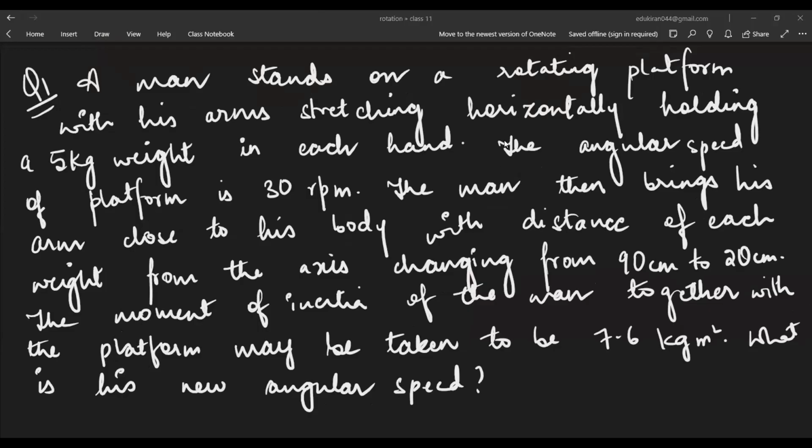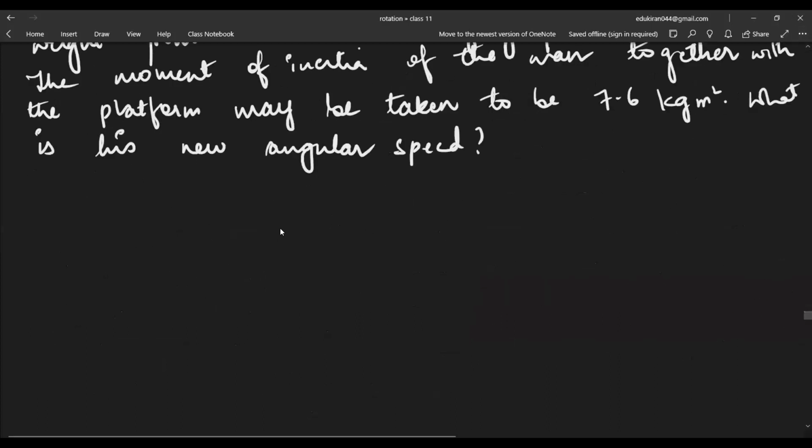Ali, Alina, Jyobita. So a man stands on a rotating platform with his arms stretched out horizontally, holding a 5 kg weight in each hand. What is the condition here?